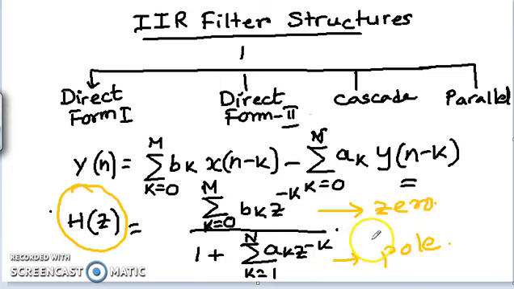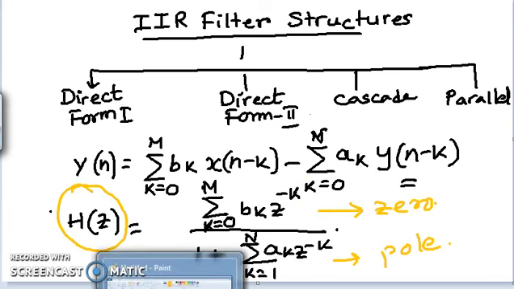Now how to present them in a structure form, the regular structure fashion, which are basically direct form 1, 2 or cascade and parallel. So now I am going to discuss that. First start with direct form 1.